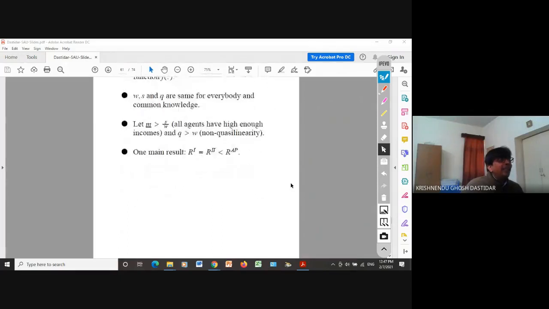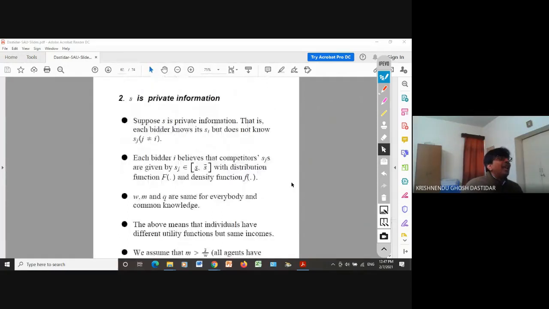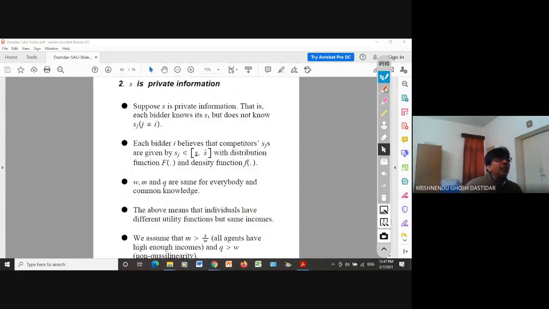What if S is private information, what happens? That is, each bidder knows its own S_i but does not know others' S_j. It only believes everybody else's is distributed with a distribution function F and density function small f. And W, M, and Q are the same for everybody and common knowledge.